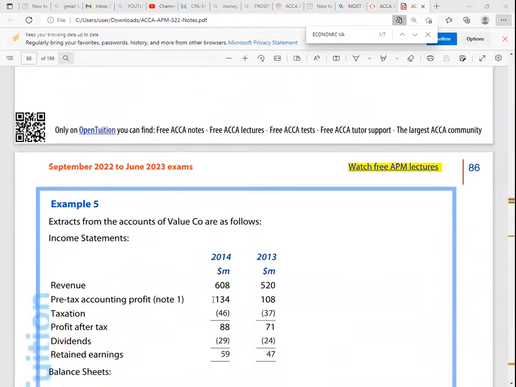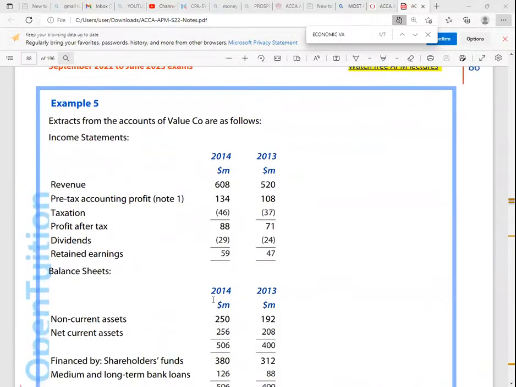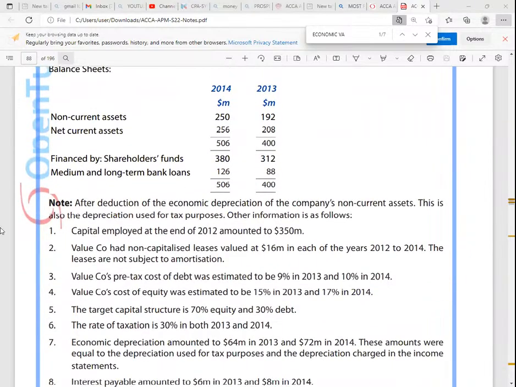So we come here. Extracts from the accounts of Value Company are as follows. We have income statements; they have given us revenue, the pre-tax accounting profit, and then the notes. Note 1: capital employed at the end of 2012 amounted to 350. Value Company has non-capitalized leases valued at 16 million in each year.